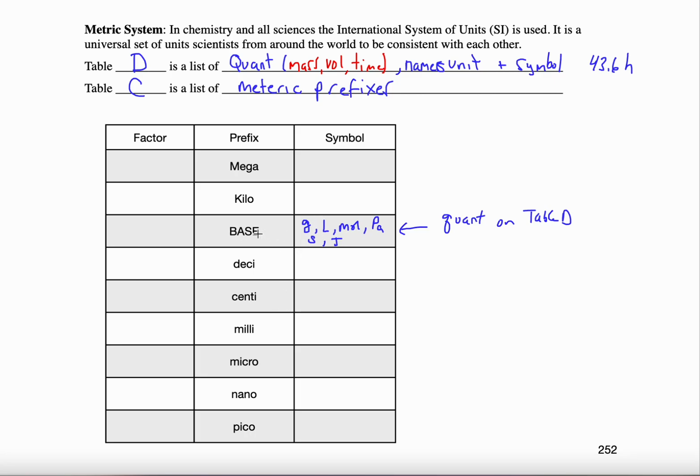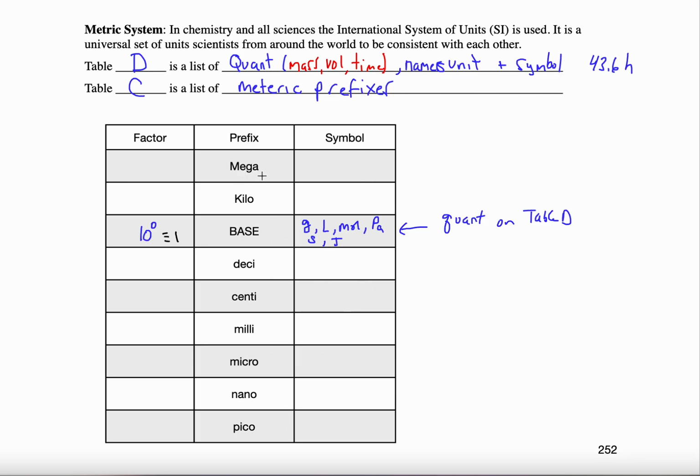When we have the base, this is our standard, our reference, and its factor, what it represents, is 10 to the 0. And 10 to the 0 simply means a value of 1. Anything raised to the 0 power is 1. So 10 to the 0 is defined as 1. That's our standard.